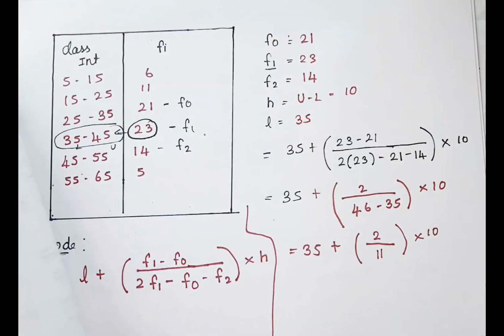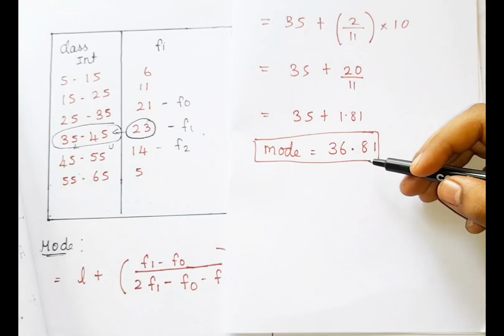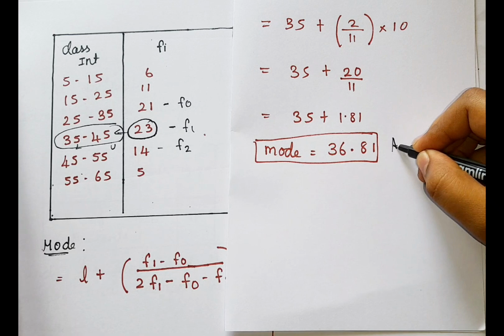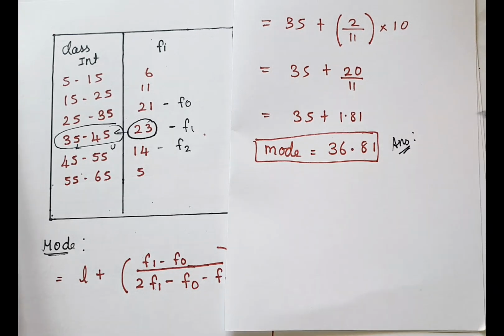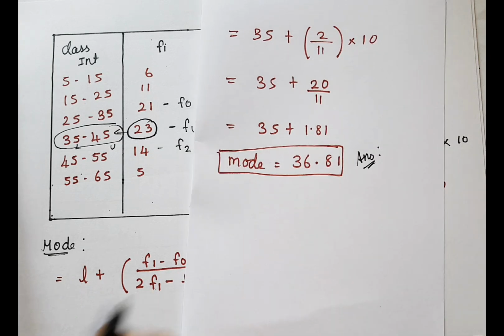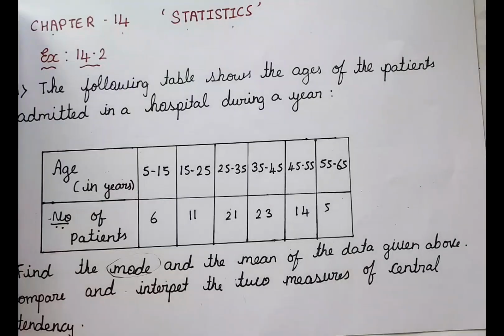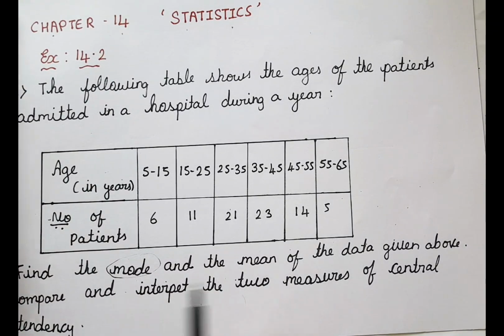So the mode answer is 36.81. This is going to be the age, I mean the maximum of the patients' age was 36.81. Let me show the question: you're supposed to find the mode and mean of the data given below, compare and interpret.